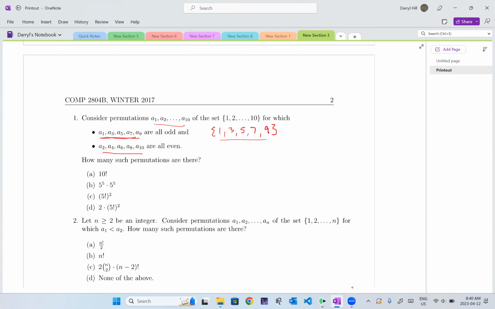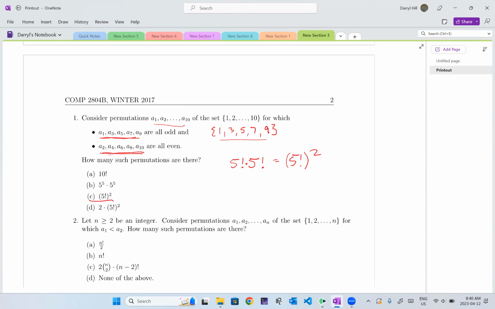I take all permutations. There's 5 factorial of those. And then my next task is to do the same thing for the even numbers. I have 5 even numbers and 5 locations, so I have 5 factorial ways to do that. And this is the product rule, so those are multiplied. So this would be 5 factorial squared, or C.